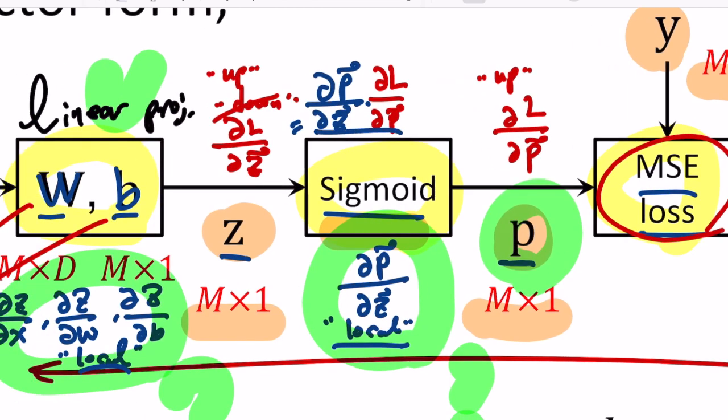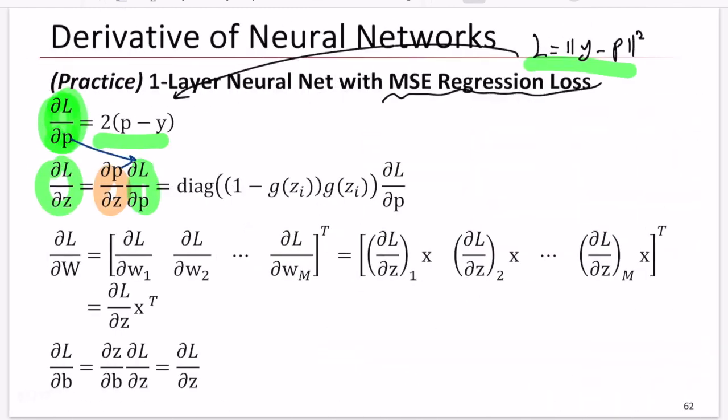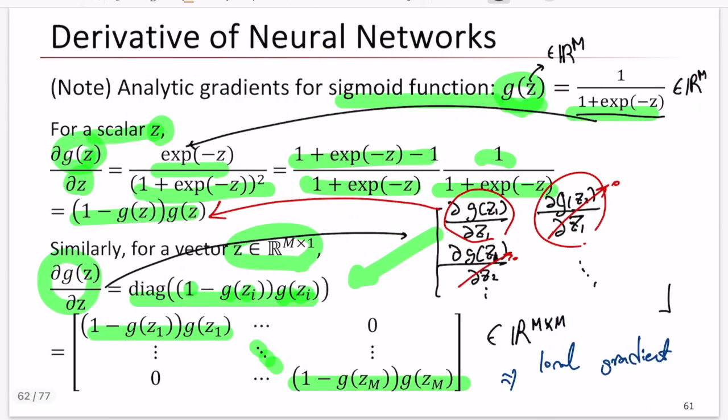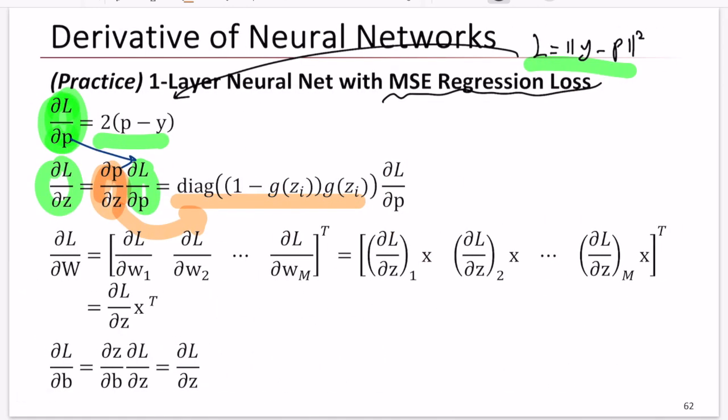We derived the local gradient for the sigmoid function, which should be like this. So from here it should be like this. So it's going to be the gradient of L over g. Similarly, it's going to be upstream gradient, local gradient, and downstream gradient.